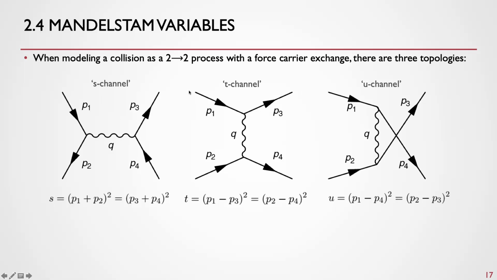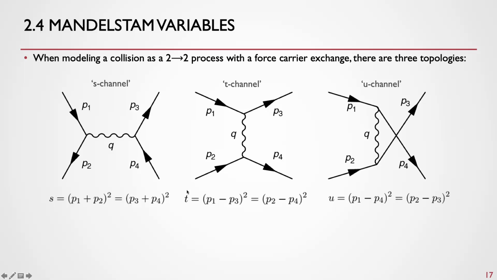You assume that, for example, a proton from the left comes, a proton from the right, and they exchange a photon because they are both charged. That's possible, so they interact. This would be a T-channel interaction. The momentum here in the middle is therefore called T, and it is the difference P1 minus P3, because at each vertex, the momentum has to be conserved.